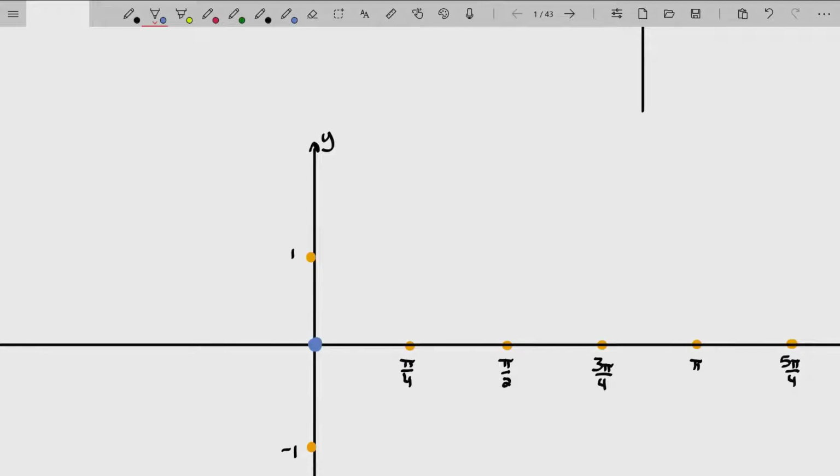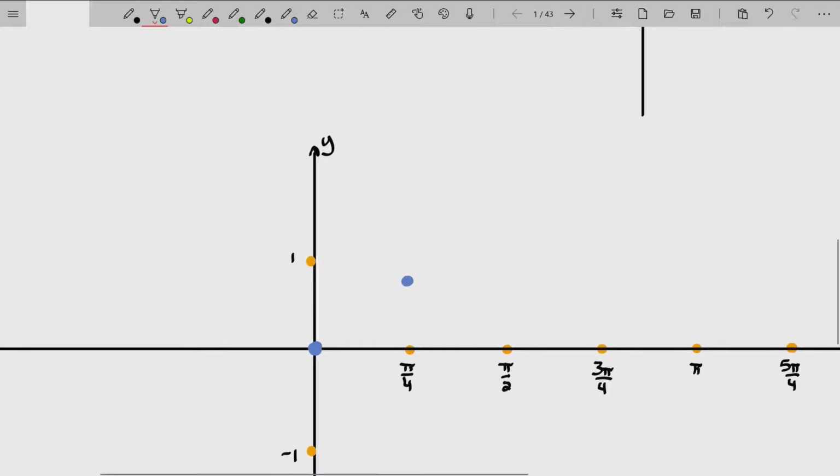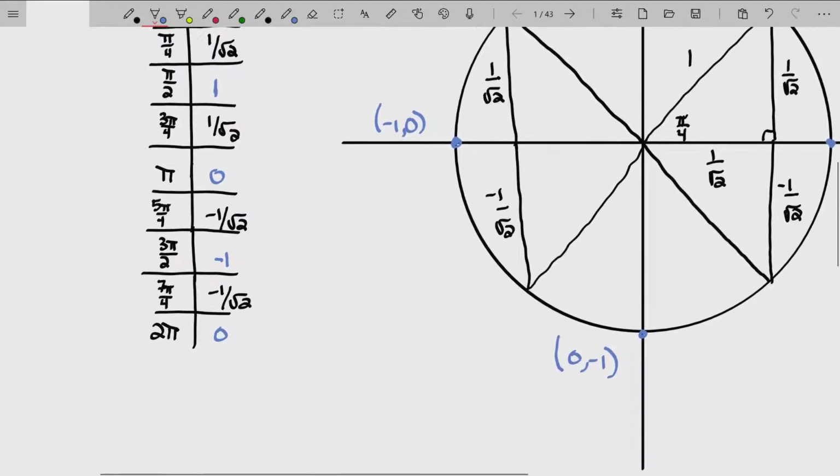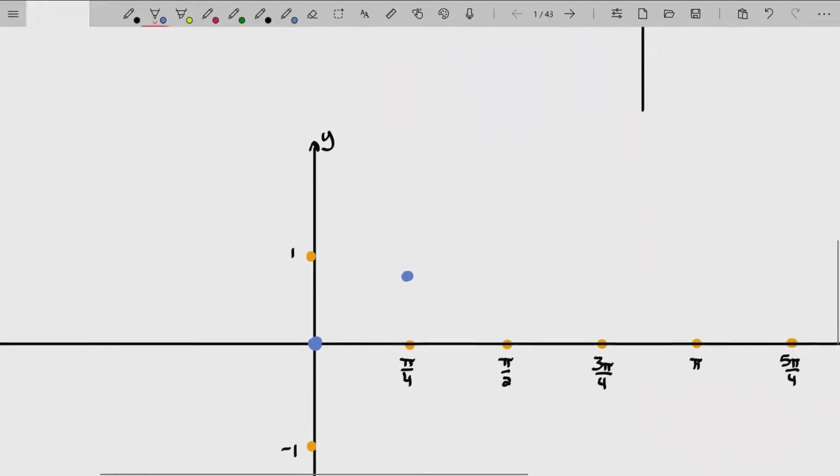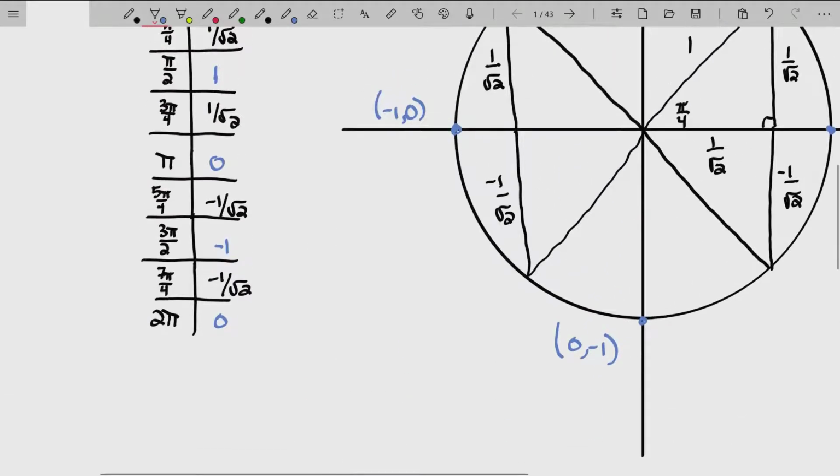So I'm going to plot it maybe right here. I think that dot is massively large, but that'll work fine. And then pi over 2, we're at a height of 1. Something right there. 3 pi over 4, we're going to be at a height of 0.7 again, which is 1 over root 2. And at pi, we're going to be at 0. I'm just copying from this list, by the way.